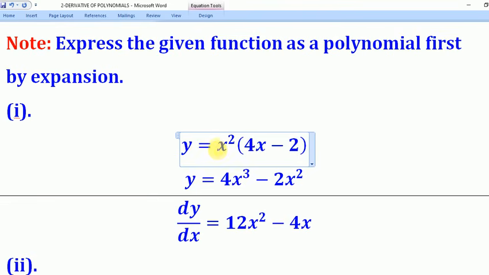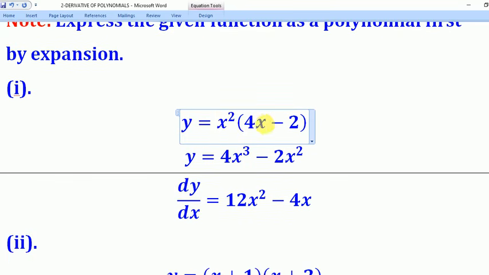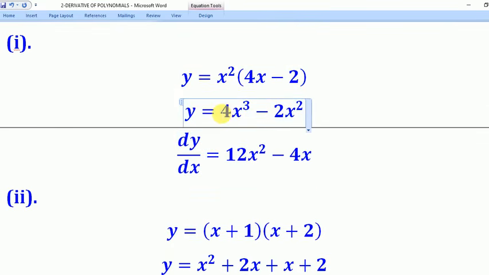For example, (i) y was x squared times (4x minus 2). In this case we first open brackets to get 4x cubed minus 2x squared. From there we can differentiate.